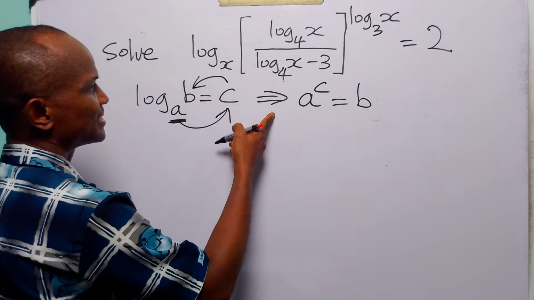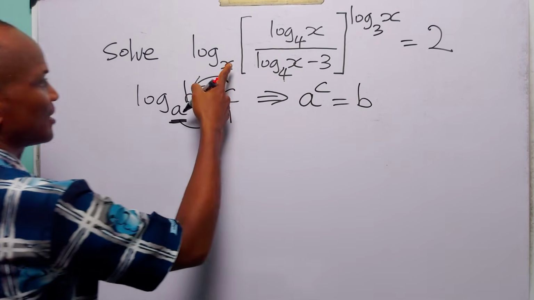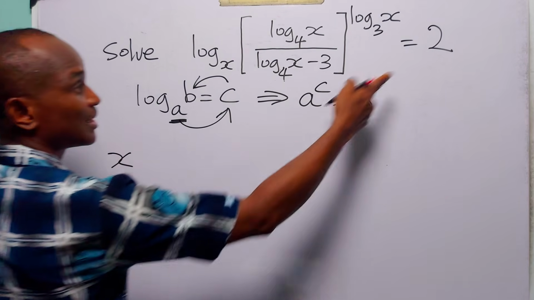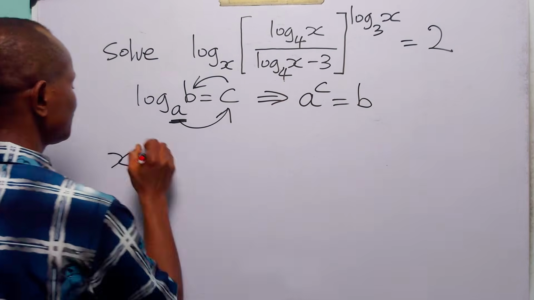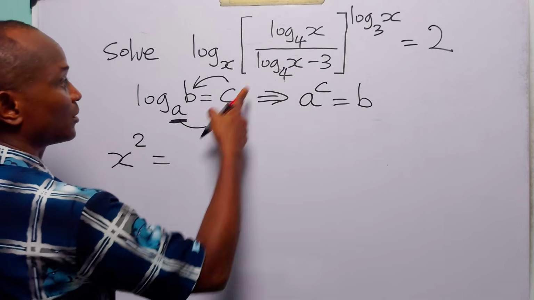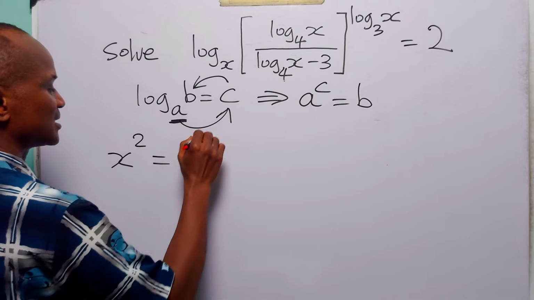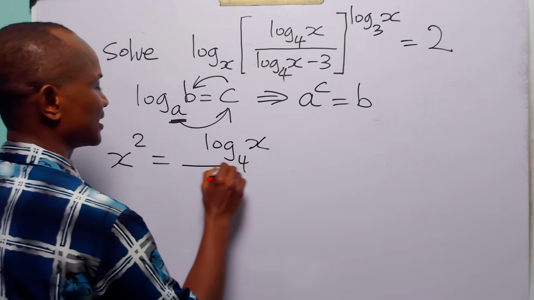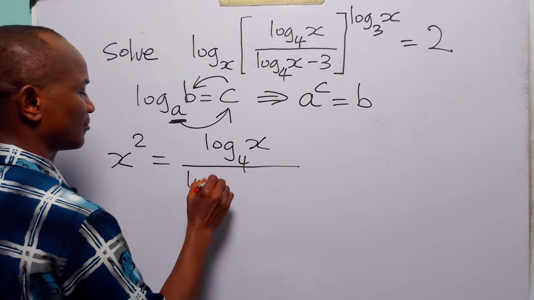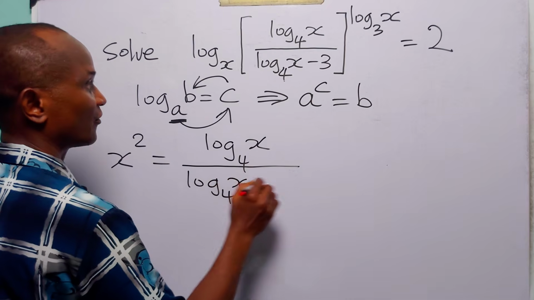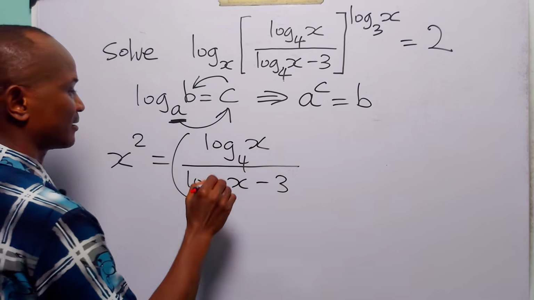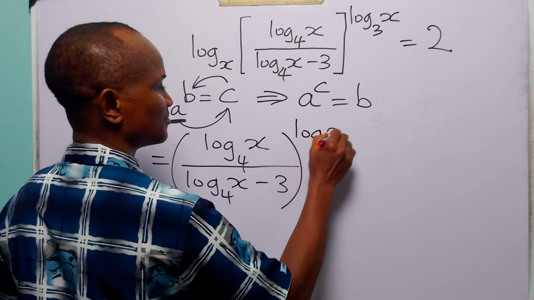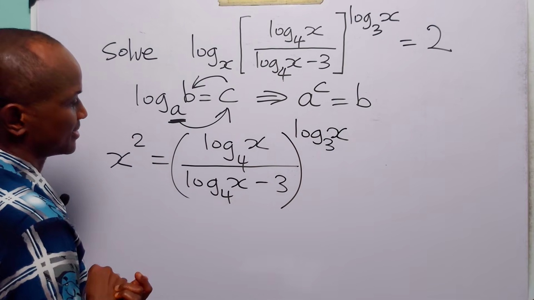Now, when we apply this to the given equation, we have that x, that is the base, to the power 2 is equal to the argument, which is log to base 4 of x divided by log to base 4 of x minus 3, all raised to the power log to base 3 of x.